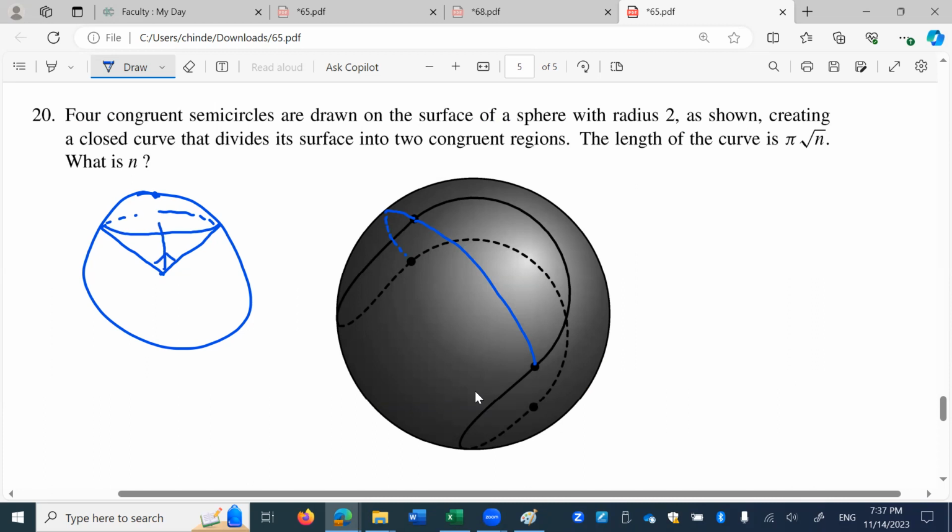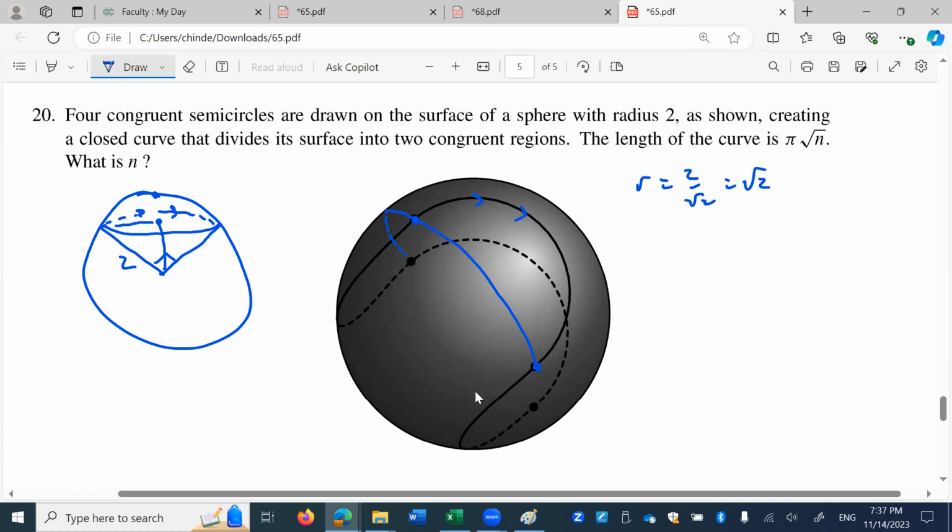Well, the sphere is radius 2. The angle that these dotted diameter points make with the center of the sphere is 90 degrees. So therefore, the radius of this one of 4 arcs that I'm looking at is going to be 2 over root 2, which equals root 2.